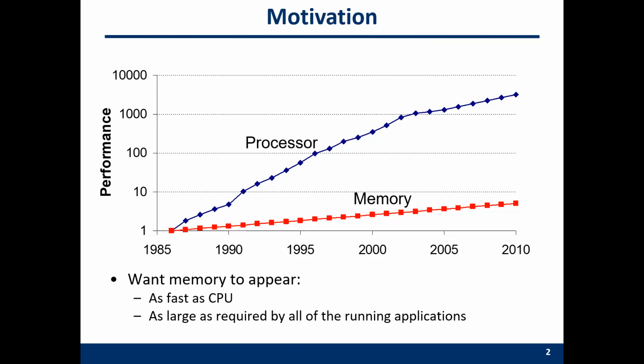With the development of process technology and architecture innovation, the CPU becomes much faster. But the memory has had little improvement. Particularly now, you have multiple cores and multiple applications running on the same machine, so the memory becomes even slower.